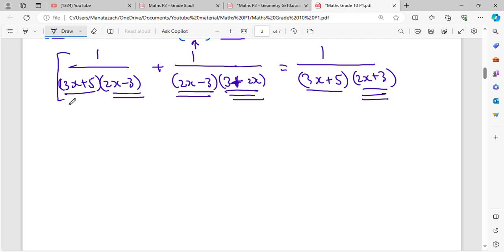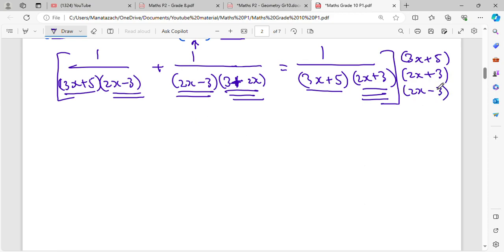So we're going to multiply by these three factors which we have. The first one is 3x plus 5, then the second one is 2x plus 3, then we have 2x minus 3.